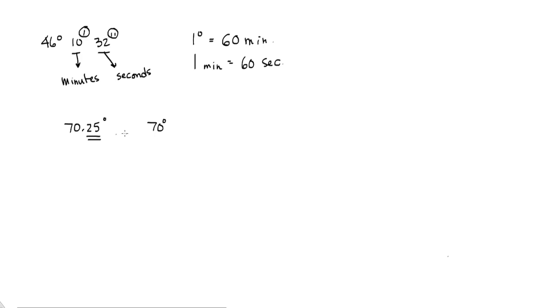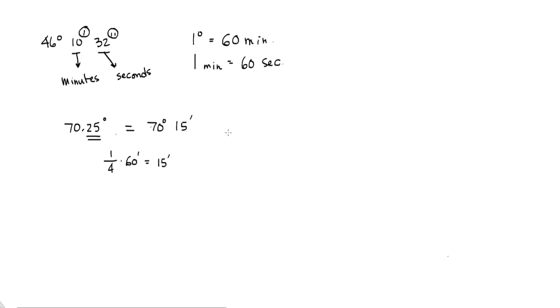Isn't that 1/4? 0.25. So I have 1/4 of a degree. Well, a degree is 60 minutes, so I have 1/4 of 60 minutes, which is 15 minutes. So another way of writing that would be 70 degrees, 15 minutes. Makes perfect sense, doesn't it?